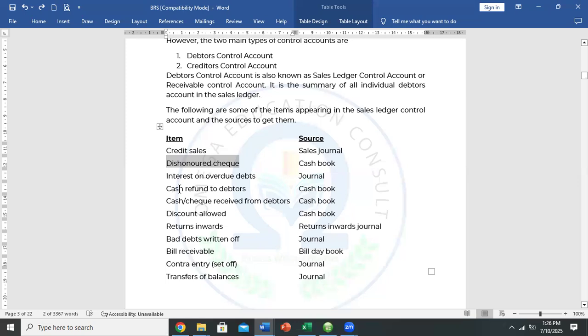Next one is cash refund to debtors. I think this is self-explanatory. We are giving back some monies to our debtors, probably because they overpaid the account, or maybe the time for payment is not due yet, but we have received the money, so we decide to refund it until the right time for the payment is due. Even though technically it doesn't make sense.